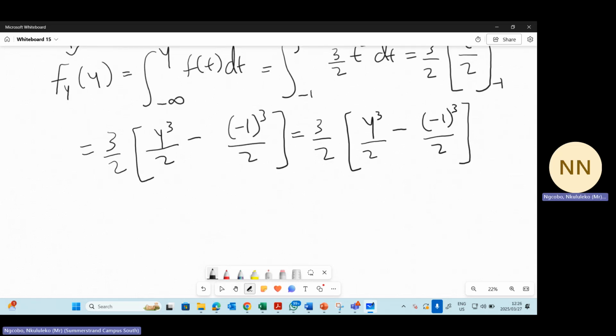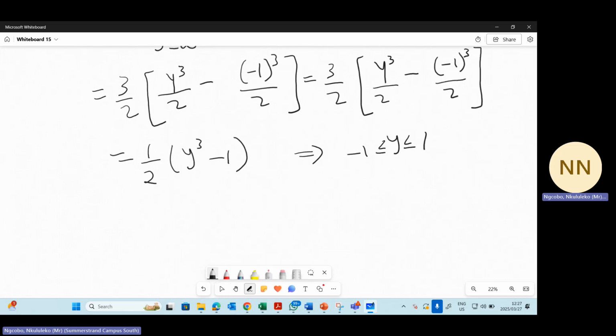This will then give you the distribution function of y as just being equal to half of y cubed plus 1, where we know that y is between -1 and 1, right?